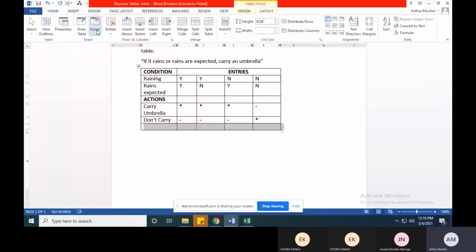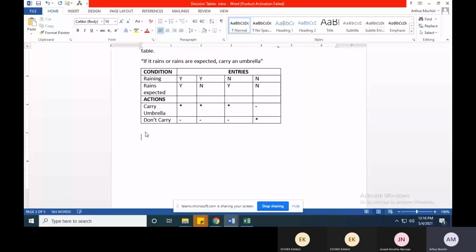Now let's look at another example for the decision tables. Example 2. For this example, the question goes like this. Consider a basic check caching decision.